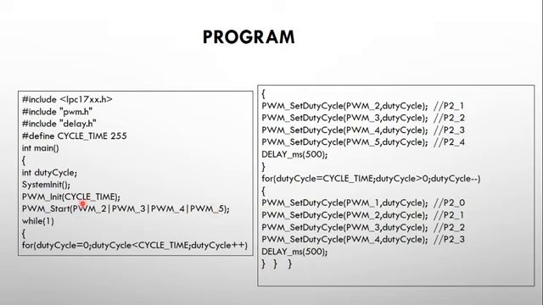These are pins 2.1, 2.2, 2.3 and 2.4 in the ARM processor. So we initialize the cycle time and start the pulses from the particular PWM pins, which are port 2.1 PWM2, port 2.2 PWM3, port 2.3 PWM4 and port 2.4 PWM5.